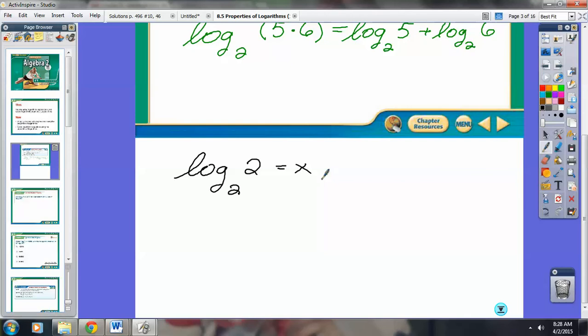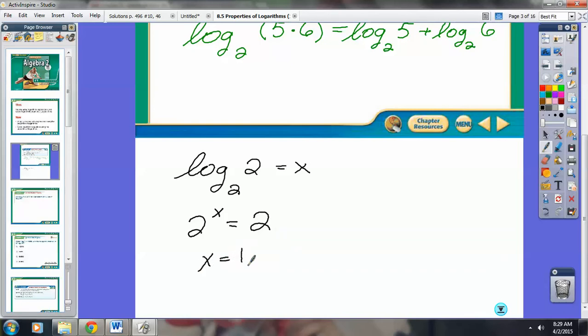Yeah, change it to exponential, so 2 to the x power equals 2. What does x have to be? 2 to what power gives me 2? 1. X has to be 1.